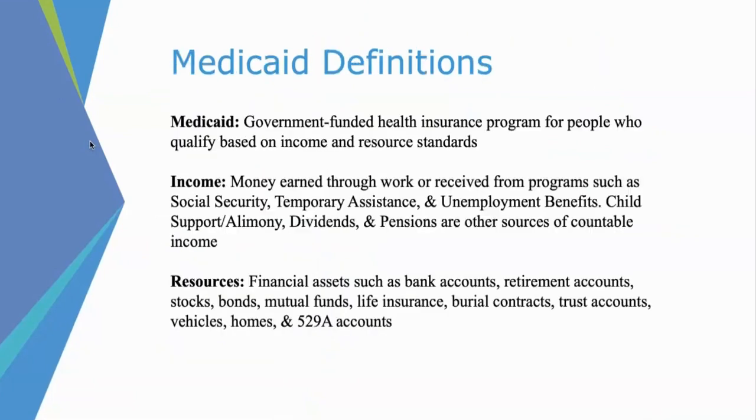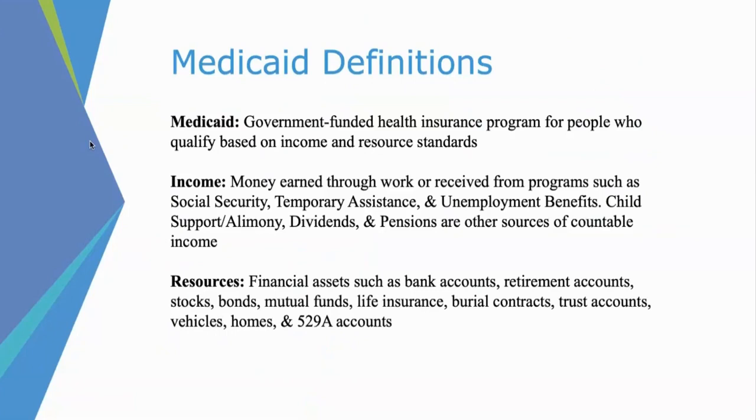All right, so let's start off with just some Medicaid definitions. So what is Medicaid? Well, Medicaid is a government-funded health insurance program for people who qualify based on income and resource standards. Now, what are income and what are resources? Income is money earned through work or received from programs such as Social Security, temporary assistance, and unemployment benefits.